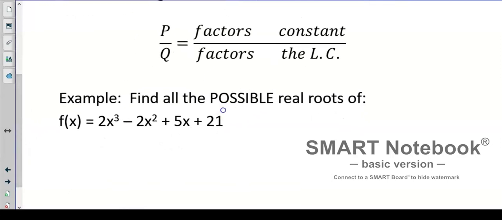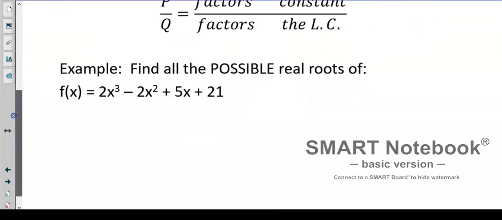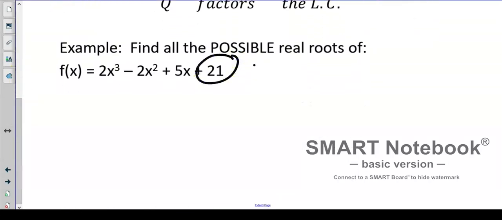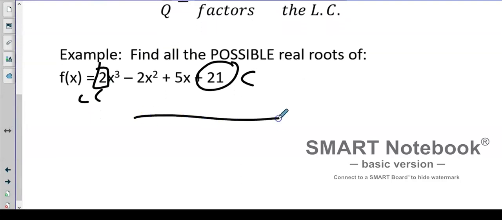So here's my constant. Here's my leading coefficient. All right. So factors of the constant on top, plus and minus. Now, normally we say list plus and minus for each one, but we're just going to say plus and minus all of these.